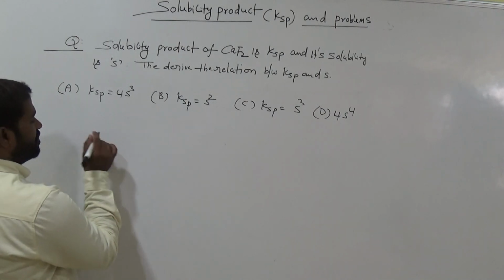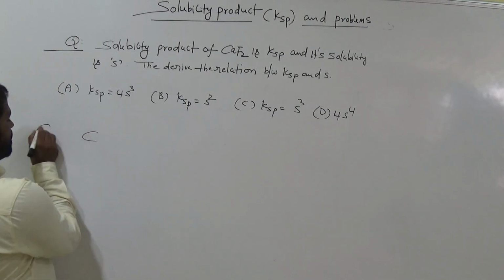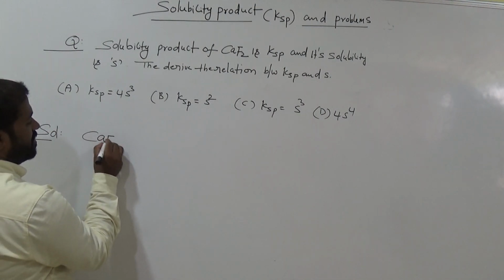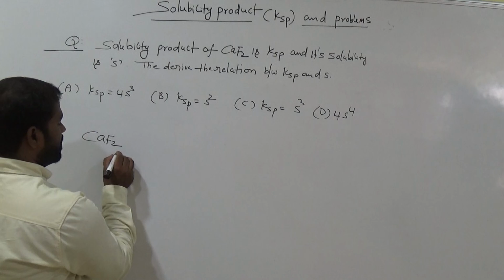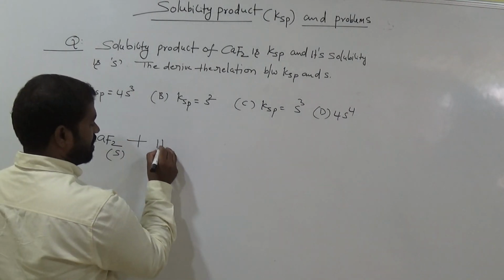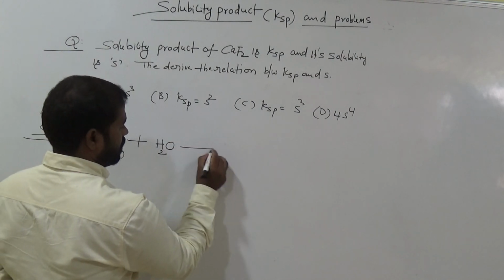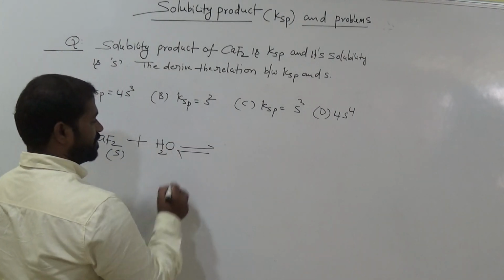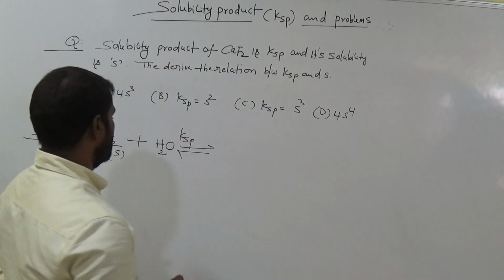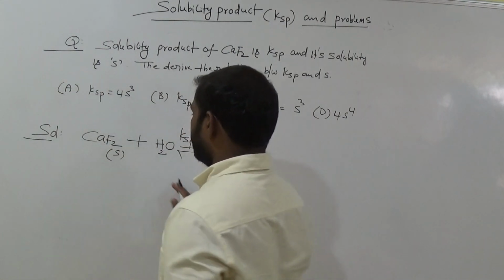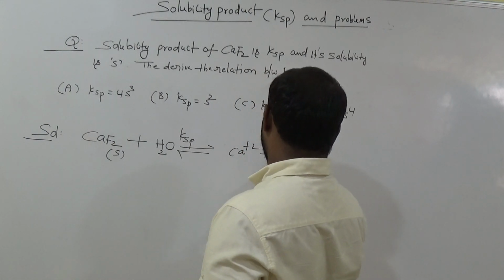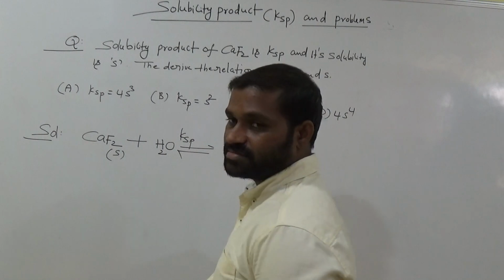Take the equation. The given salt is CaF2, am I right? Which is solid, clearly. Add in water. Equilibrium. We have the equilibrium constant Ksp, that is the solubility product. So how is it ionized? Ca plus 2 and 2F minus, am I right?